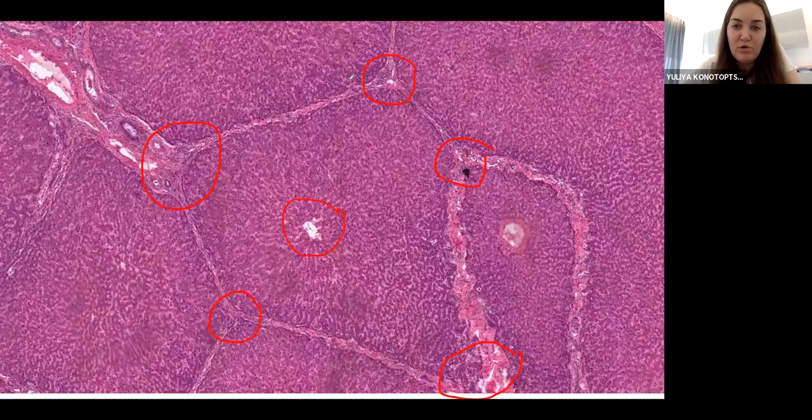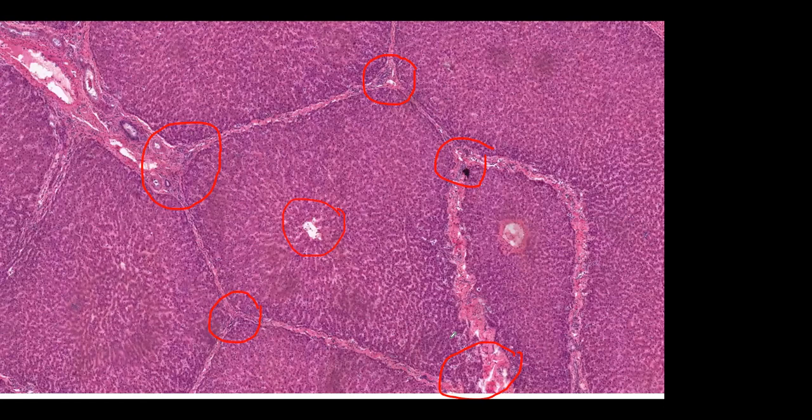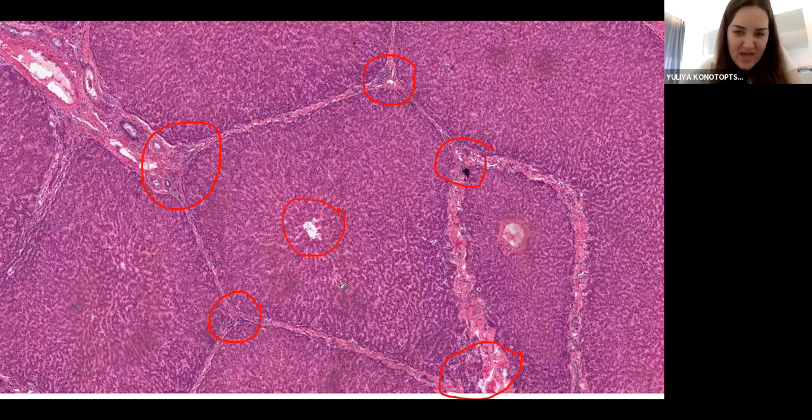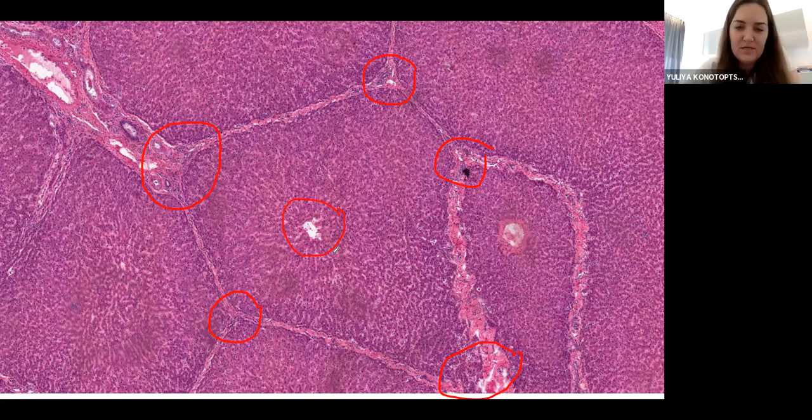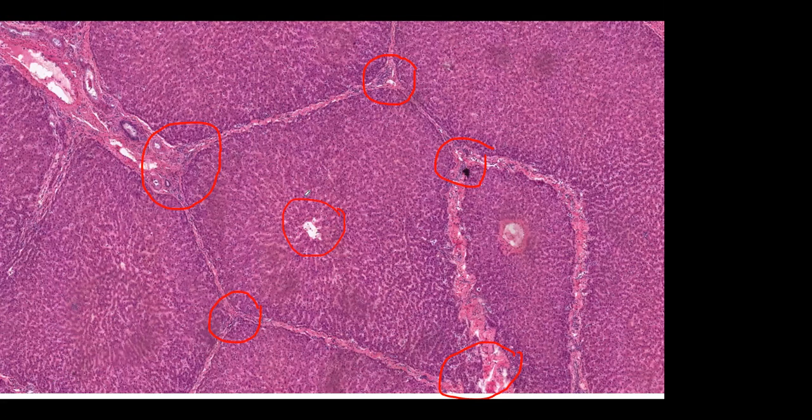At first when you look at it, which kind of lobule is this? Classic. This is a classic lobule, more or less hexagonal shape. What is in the center? Central vein. Which kind of vessel is the central vein? Postcapillary venule.